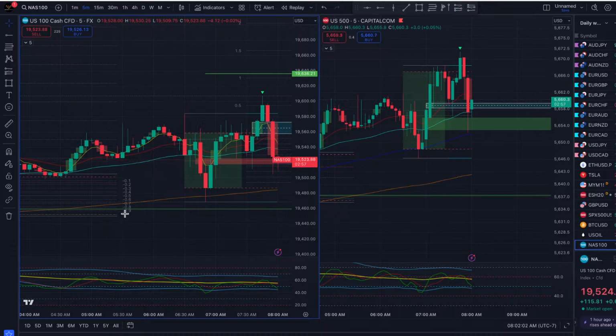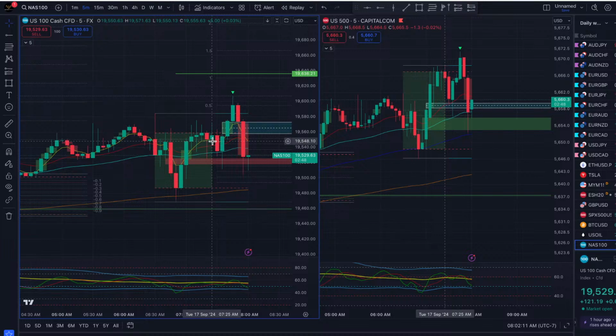Could it push up from here? It could. But again, still nothing. On the 1 minute, we do not even have a fair value gap yet.